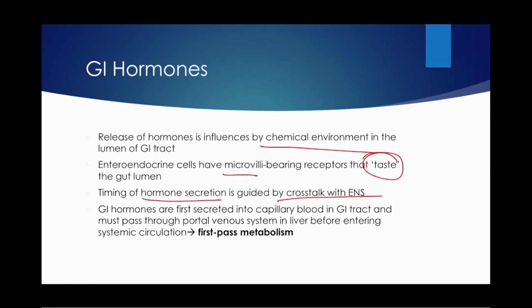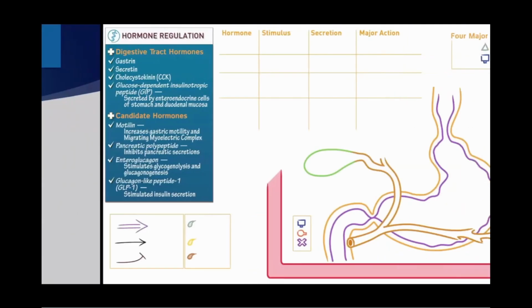And all these hormones have to go through the portal venous system before going into systemic circulation. This is called first pass metabolism. I think it's in this picture. No, it's coming up.